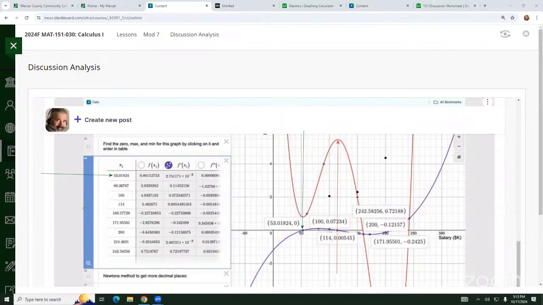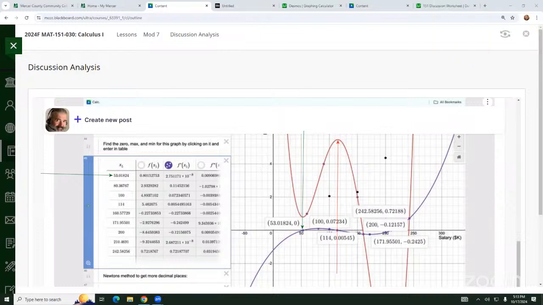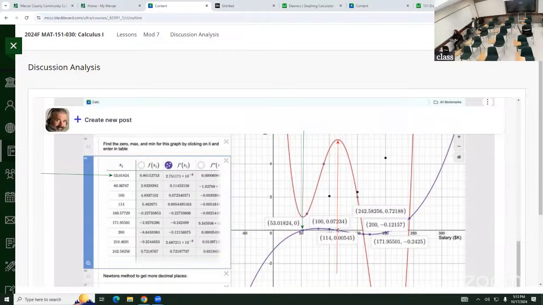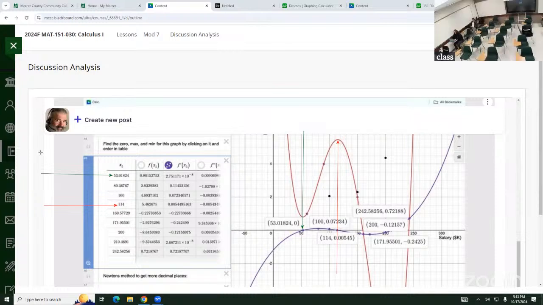100. What? It's at 100. No, I think it's 114. 114. I think we're somewhere near there. Okay, how about this minimum?